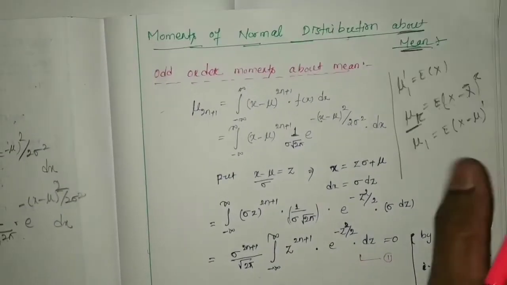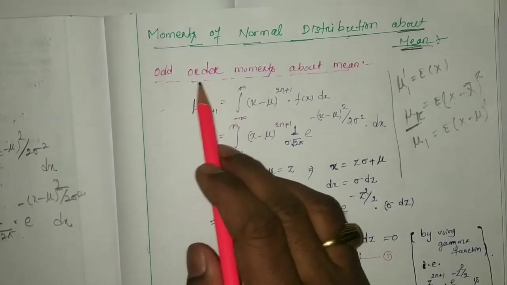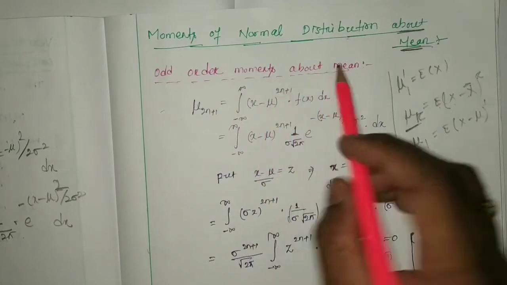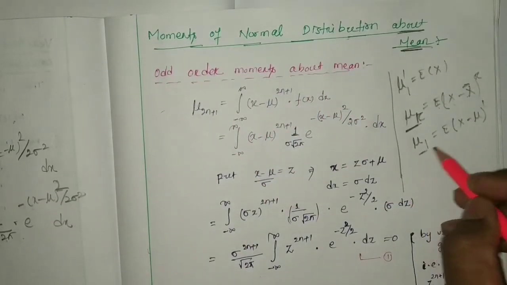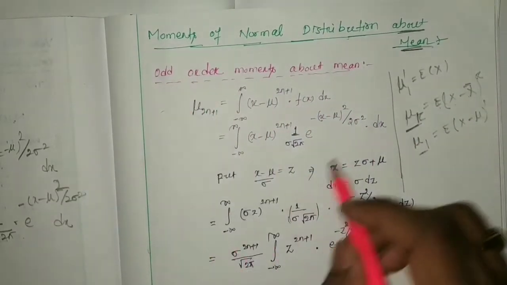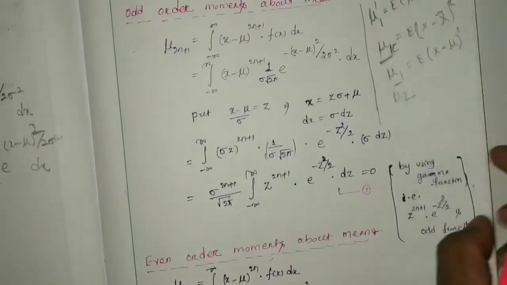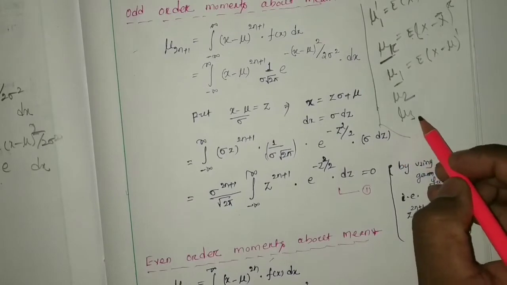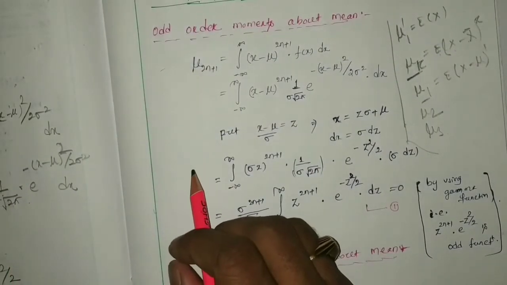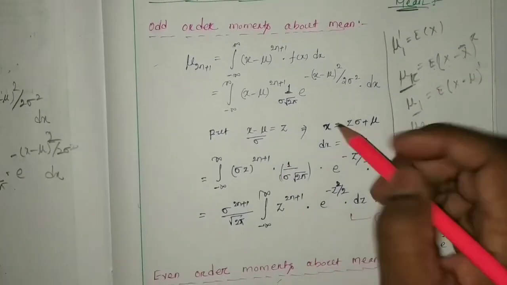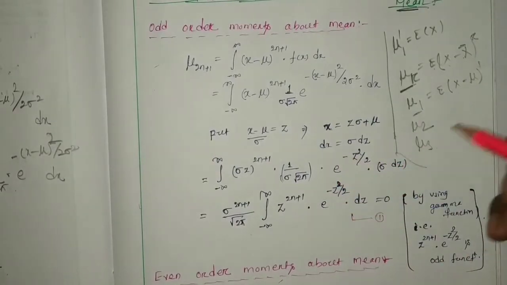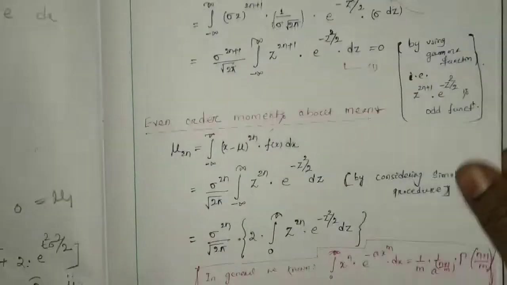So first we have to go for the odd order moments about the mean. See, mu1 belongs to odd order, and mu2 belongs to even order, okay, and mu3 belongs to odd order. Why we did so, you can confirm at the end of the discussion.